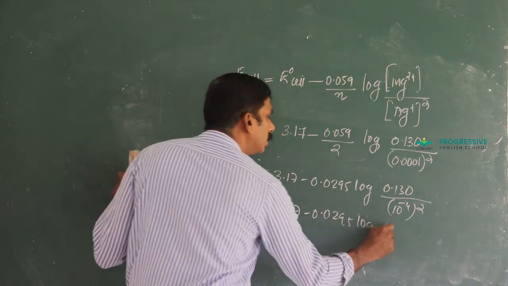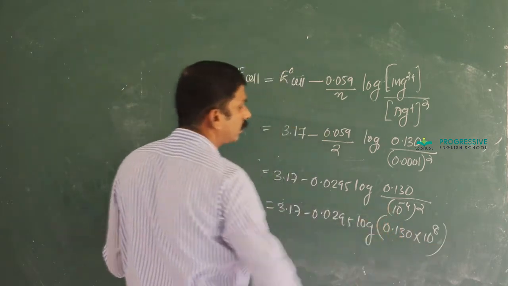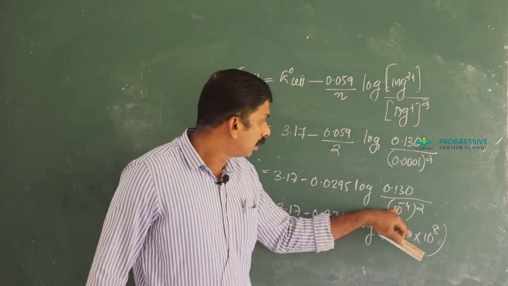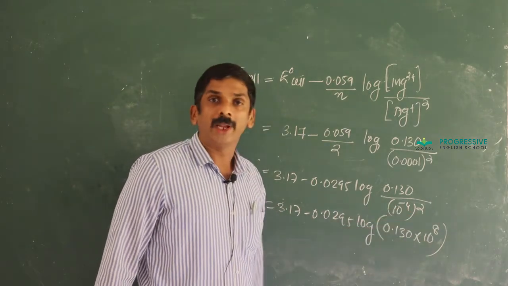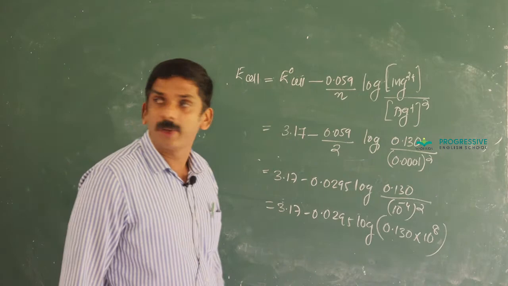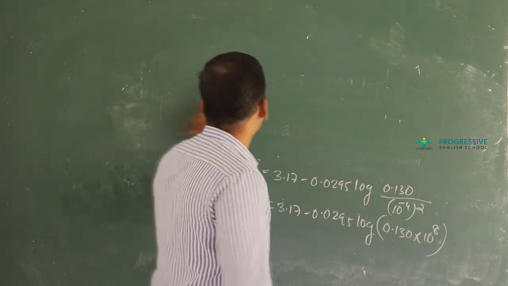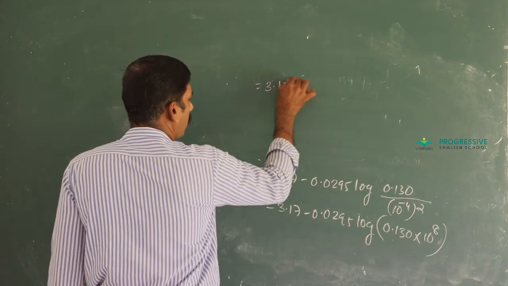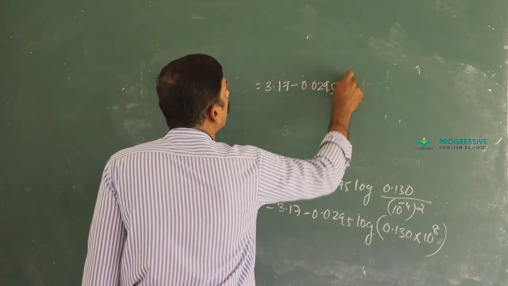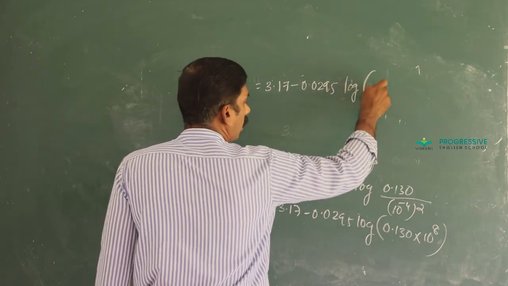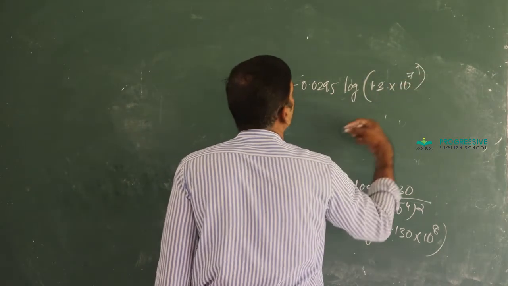0.0295 log 0.130 into 10 raised to 8. That is, 10 raised to minus 8 is in the denominator. When it reaches the numerator, it becomes 10 raised to 8. Then that is equal to 3.17 minus 0.0295 log 1.3 into 10 raised to 7.